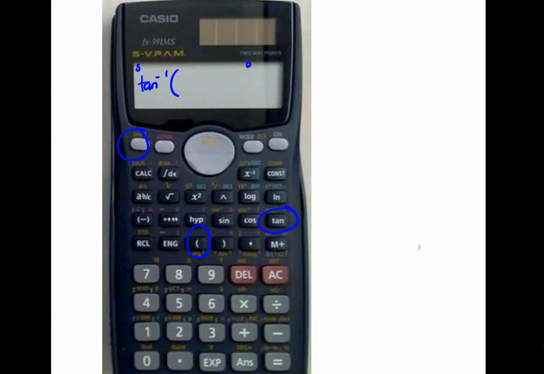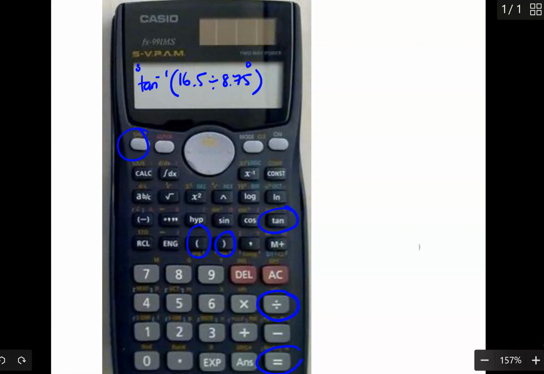Then I key in 16.5, the division sign, and then 8.75. So 16.5 divided by 8.75. Make sure that I close the bracket. Now press the equal sign.